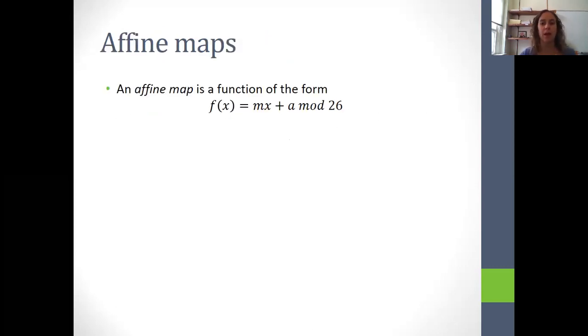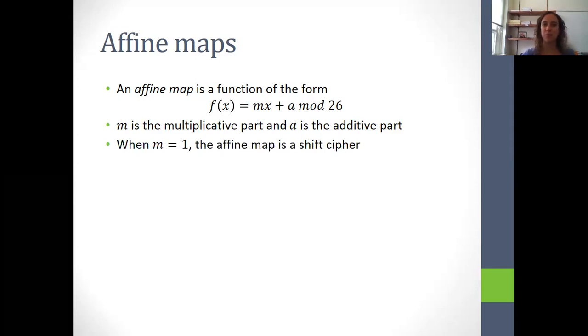All right. So just as a preview, we say an affine map is a function of the form f of x equals mx plus a mod 26. So notice the difference here from the shift cipher was without this m, but here we're going to multiply the x by the m and then add the a. So we have a multiplicative part and an additive part, which is why I use the letters m and a, and we call that an affine map.